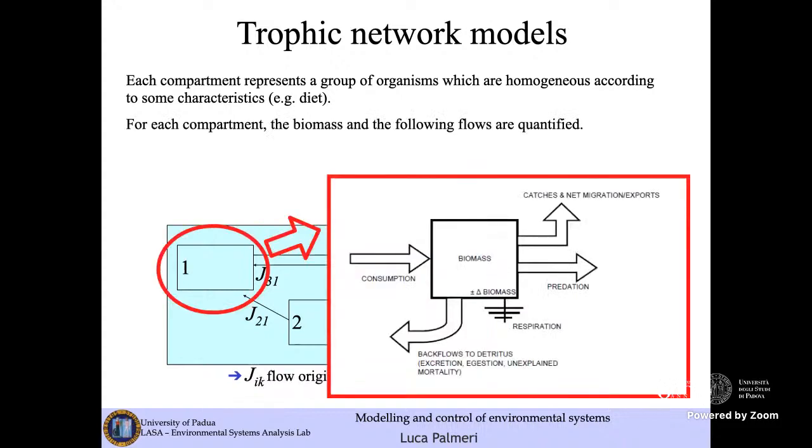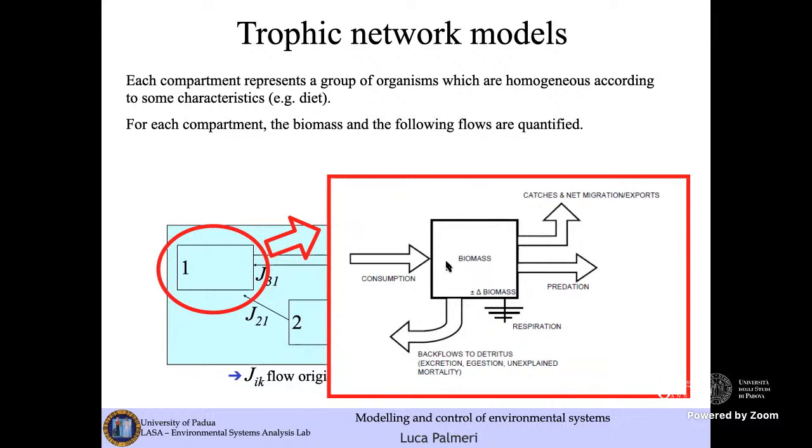For example, for each compartment, the biomass and the flows shall be quantified. In particular, we analyze in detail each compartment, so each group of organisms that share the same characteristic, and we try to put numbers on the biomass, how much of these organisms. We try to evaluate the flows in terms of how much these organisms consume and how much these organisms are predated.